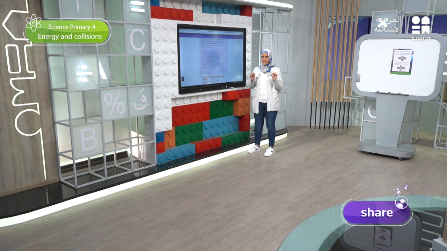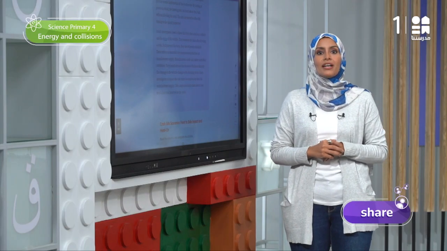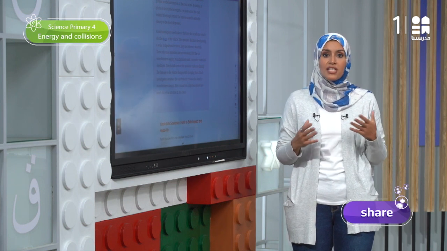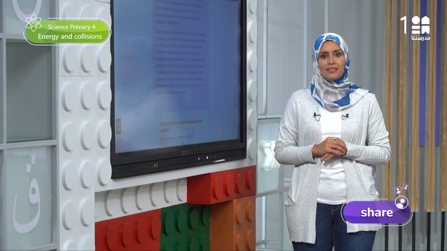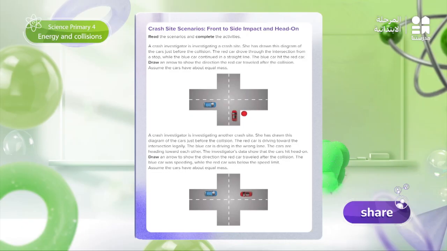We are also using the same skills and all we have learned about energy, collision and crash investigators' data. We will analyze scenarios for different collision accidents. I want you to open your school book on page 238.